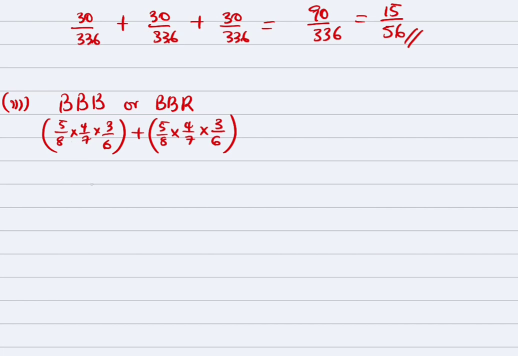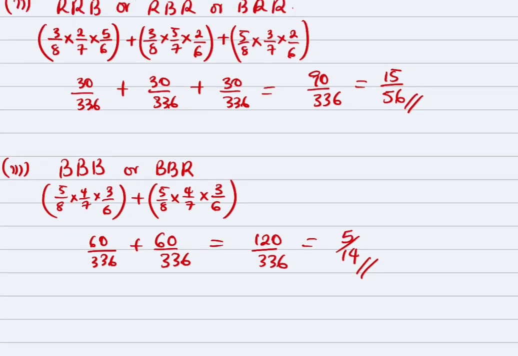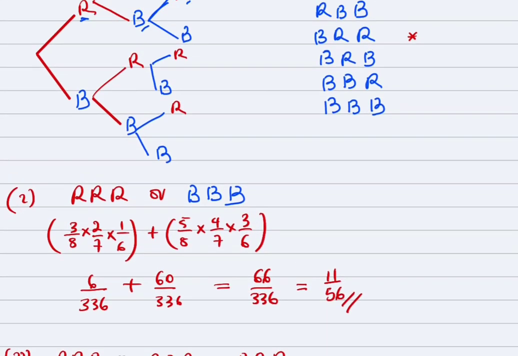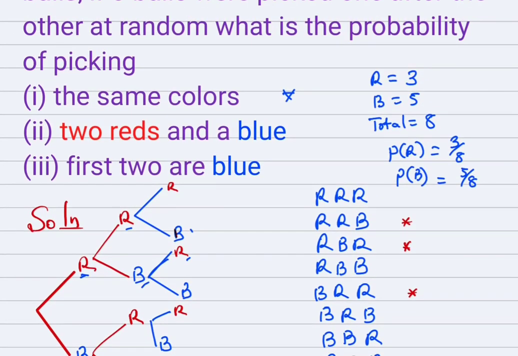It's going to be 60 all over 336 plus 60 over 336, which will now give us 120 over 336. When we reduce it, our answer will be 5 all over 14. So it's actually a very cheap question. All right, you can go over it multiple times, so that you really understand what this question is talking about.